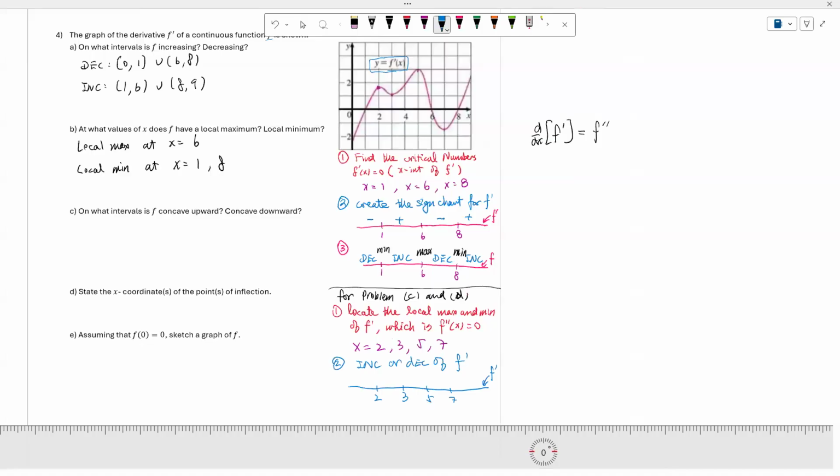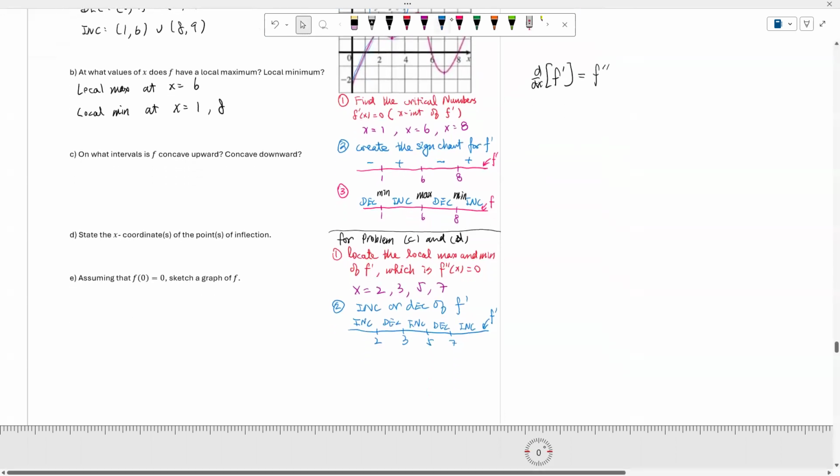Then you will see that for this graph, the function is increasing and then decreasing, increasing, decreasing, and then from 7 to 9 is increasing. Okay. And now, how does it translate to f double prime? Okay.